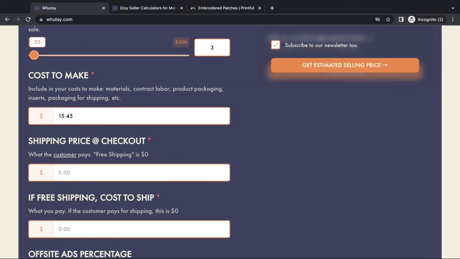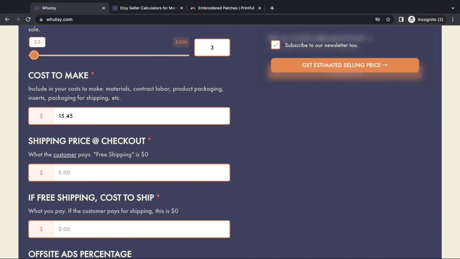Now, if you're selling a supply, the cost to make would be your wholesale cost for that one of that item. So if you are selling a special type of printer paper that people use as a supply, what's one of that in your listing would be.